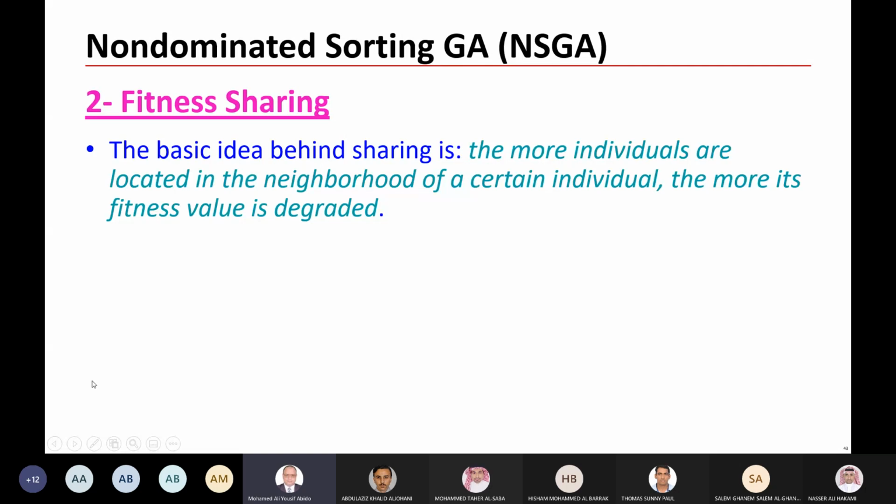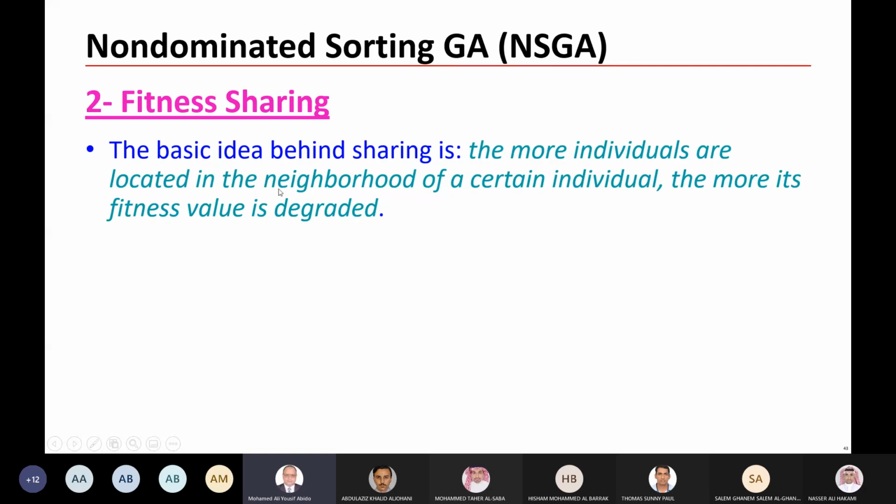Now, fitness sharing. The basic idea behind sharing is that the more individuals are located in the neighborhood of a certain individual, the more its fitness value is degraded. The more individuals near to a certain individual, the more its fitness is degraded.